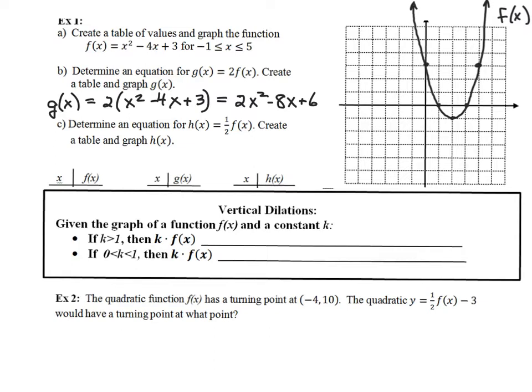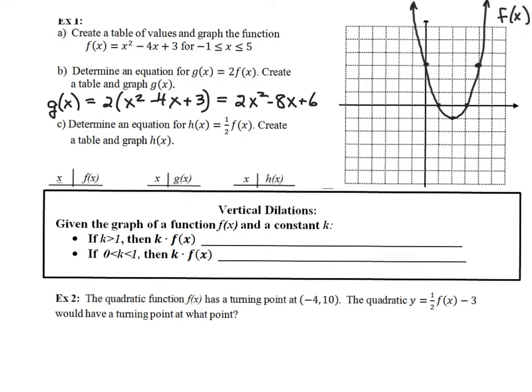So I now want to create a table of values for this one. Now again, I've provided room in your notes for you to give that table of values for g of x. I'm going to go on my graphing calculator and create the table for this new function 2x squared minus 8x plus 6.